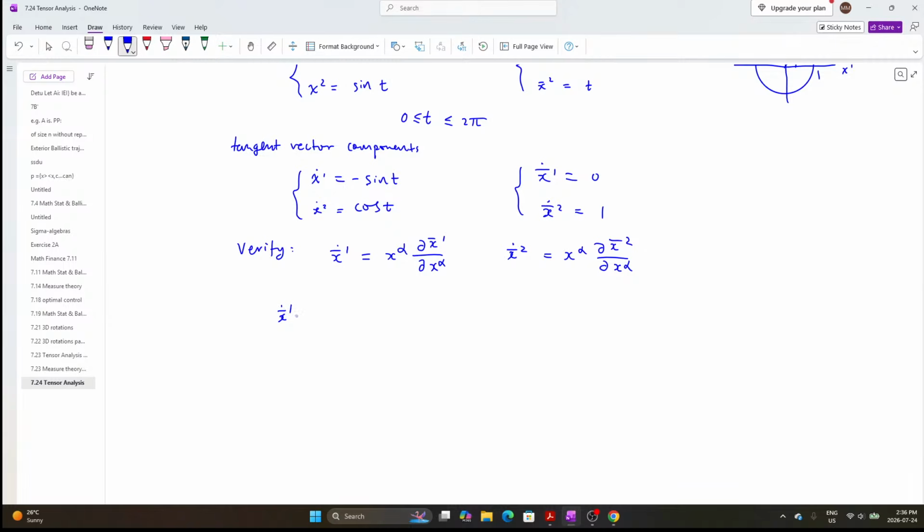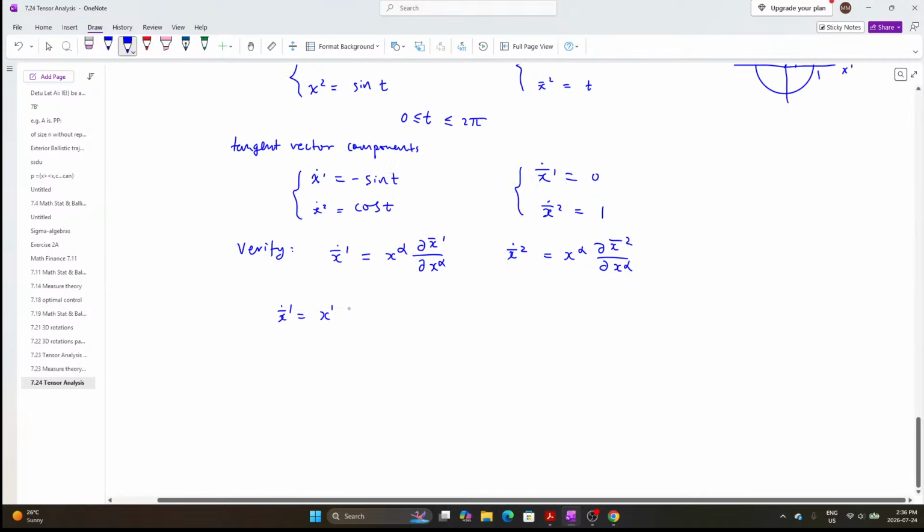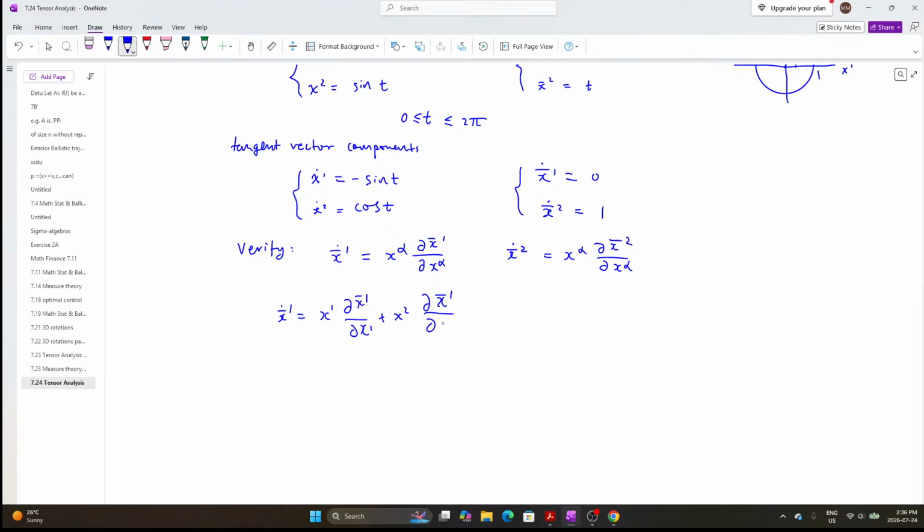So x1 bar dot should be x1 times, and by the way, these x's should be evaluated on the curve, because only the coordinate on the curve matters. So here you get x bar 1 over dx1 plus x2 unbarred coordinate times dx bar 1 over dx2.